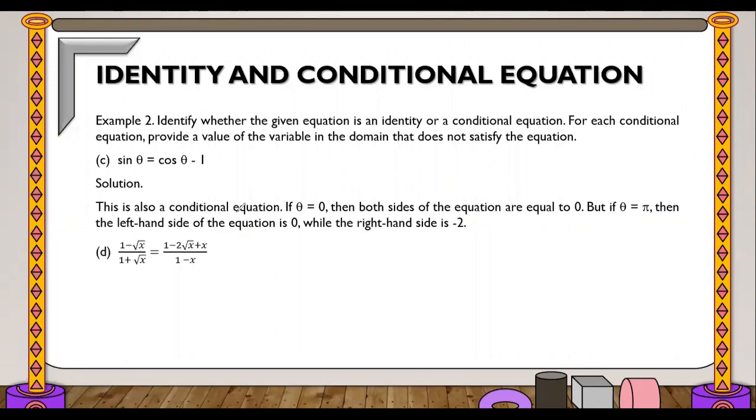Conditional din siya kasi merong value ang theta na magiging unequal yung left-hand side at right-hand side. Let's say, kapag 0 ang ating theta, ang sine 0 ay 0, at ang cosine 0 naman ay 1, minus 1, also 0. So therefore, sa theta equals 0, magiging equal yung ating equation.